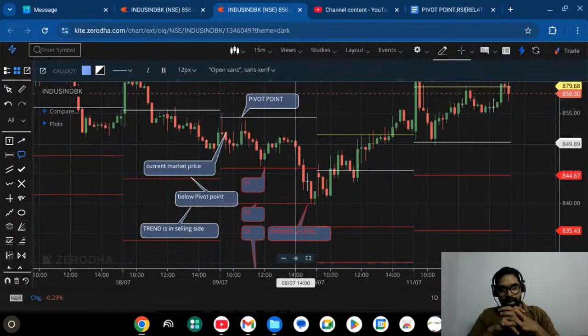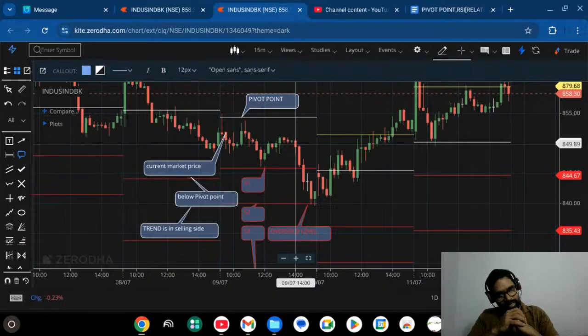Observe clearly: if the current market price lies completely above your pivot point, then only buy, and use your overbought and oversold level concept to exit from the market. If the current price is below the pivot point, then the trend will be sell.